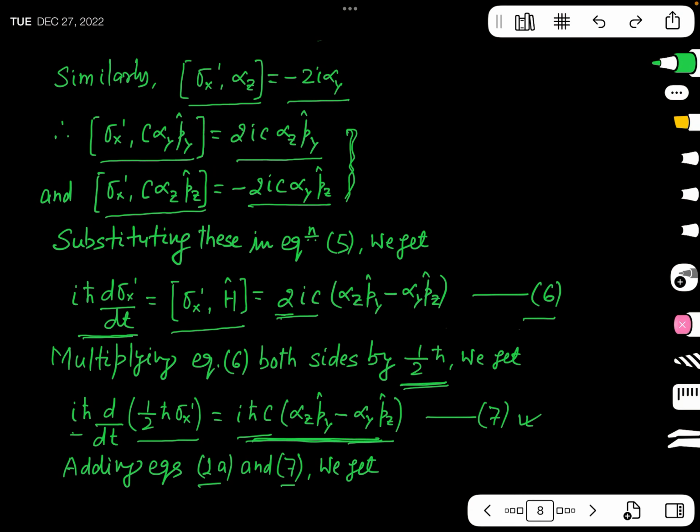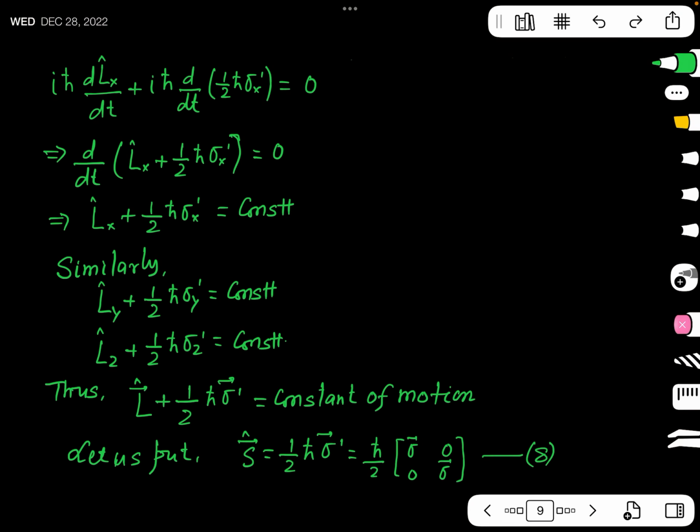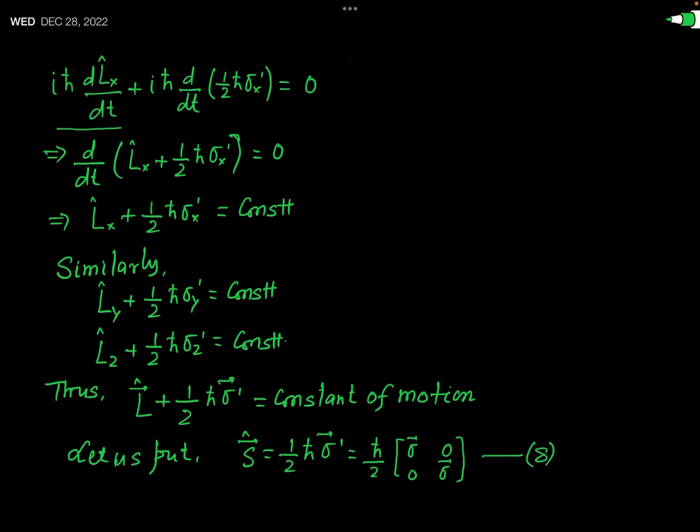So after adding the terms in the RHS, the result will be 0. So this is i h bar d Lx by dt plus i h bar d dt of 1 by 2 h bar sigma x dashed, and that is equal to 0. Now you can take this i h bar as a common factor, and since the RHS is 0, that will be removed, and we can write this expression as d dt of Lx hat plus 1 by 2 h bar sigma x dashed equal to 0.